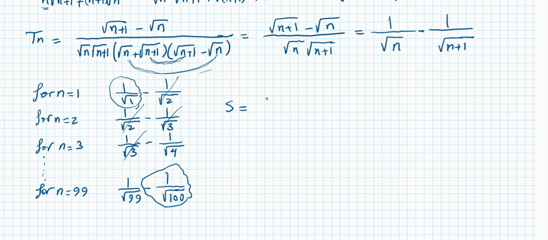So we have 1 over the square root of 1 minus 1 over the square root of 100. And S would be 1 minus 1 over 10, which is 0.9.